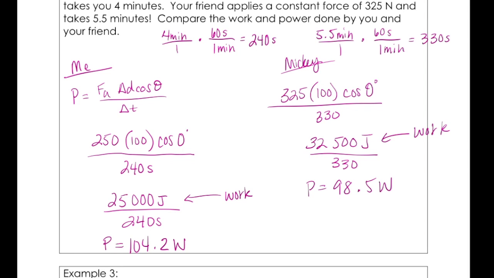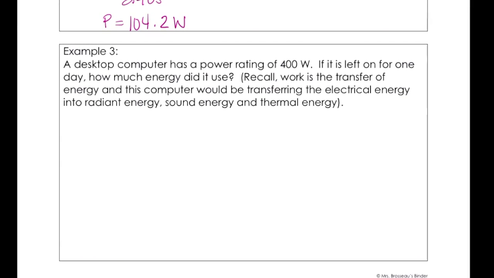This last example: a desktop computer has a power rating of 400 watts. If it is left on for 1 day, how much energy did it use? Remember we talked about work being the change in energy, so we can substitute that in for work in our equation.